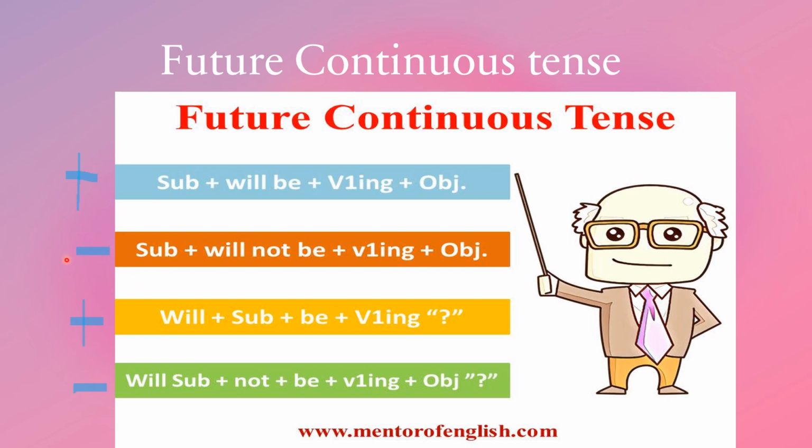Then for negative, it will be subject, I will not be visit, because it's my verb in first form, plus ing, I will not be visiting the dog house, the object.